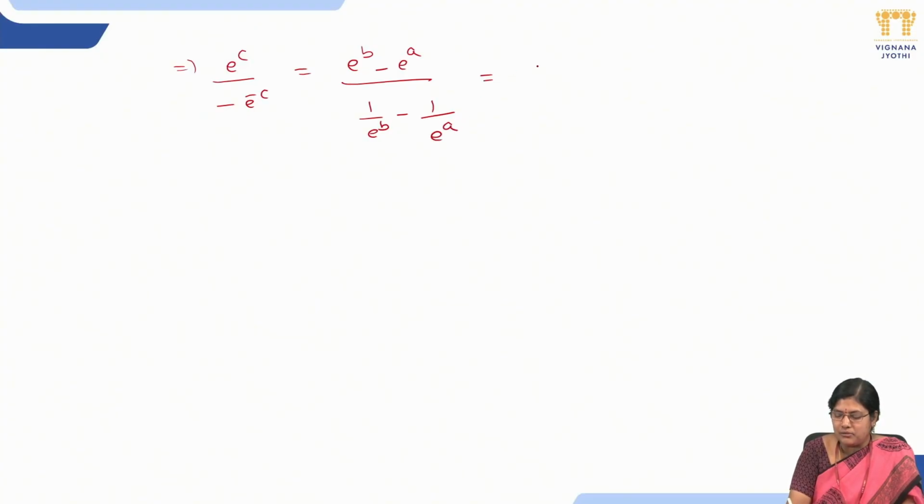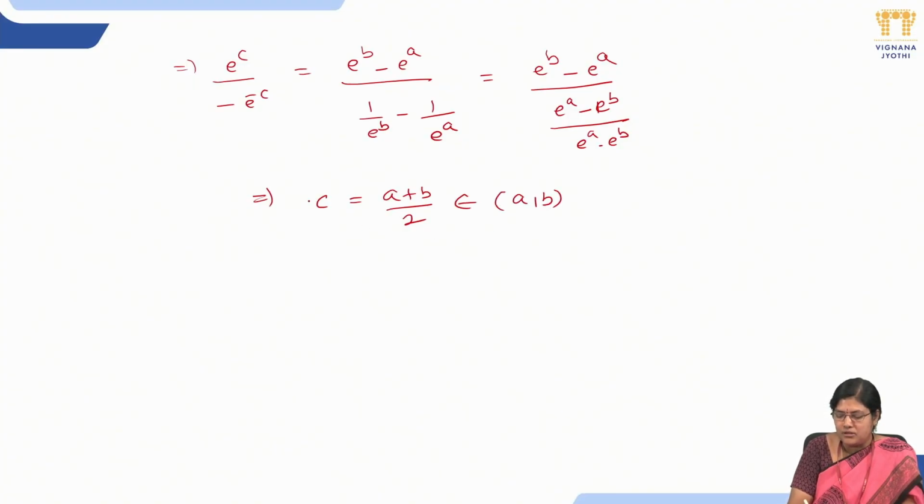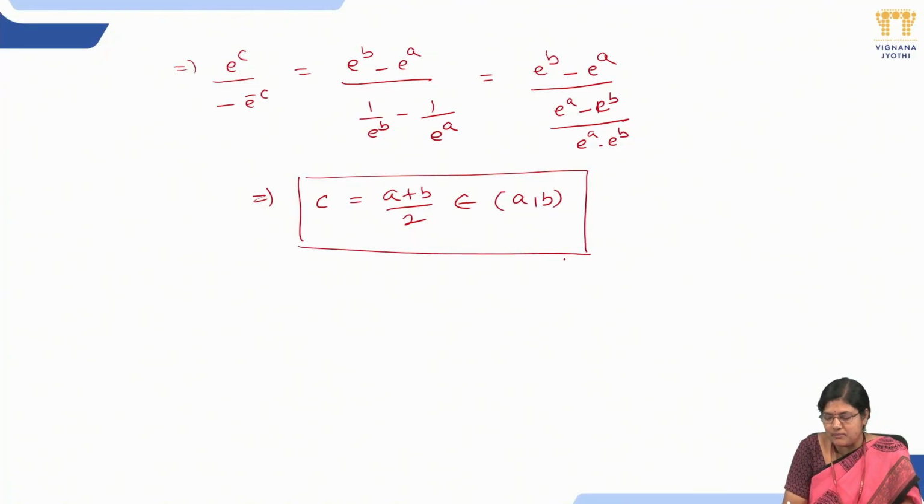Taking the LCM of the denominator terms and simplifying, we have 1 by e power a minus e power b divided by e power a into e power b. After that, by simplifying, we have c is equal to a plus b by 2. That c value clearly belongs to the open interval a comma b. Therefore, from Cauchy's mean value theorem, c value is a plus b by 2.